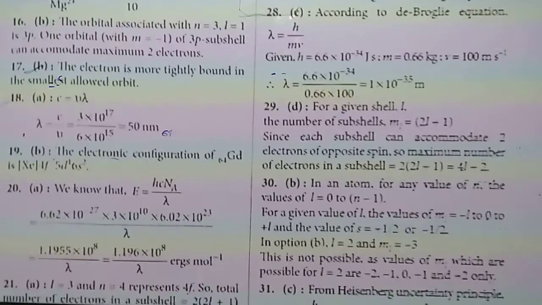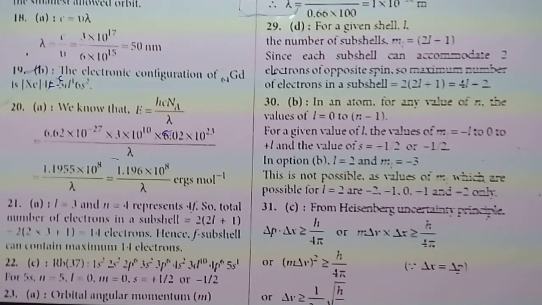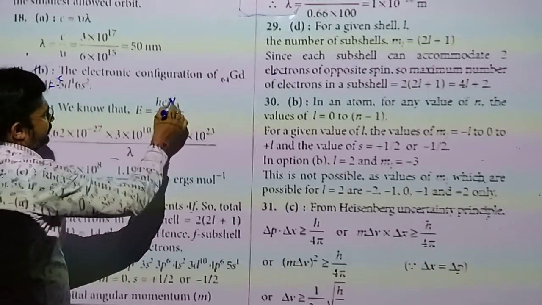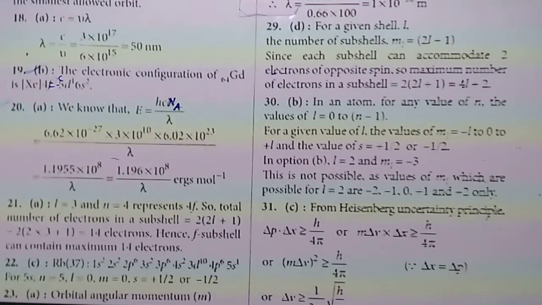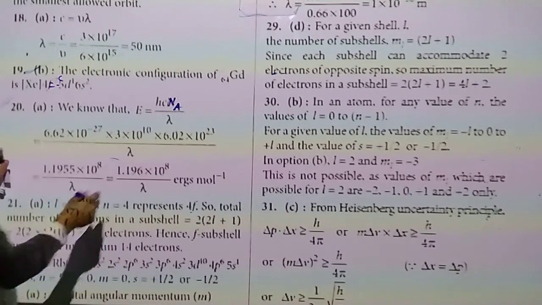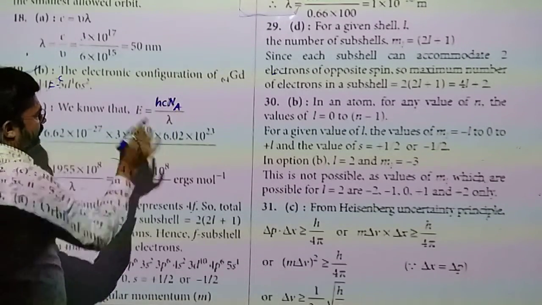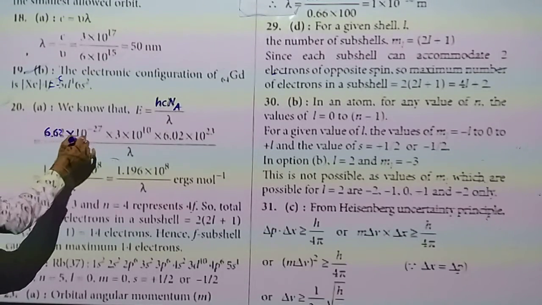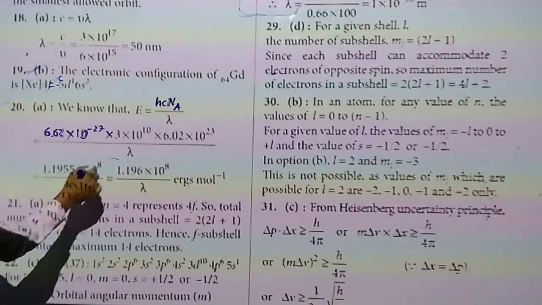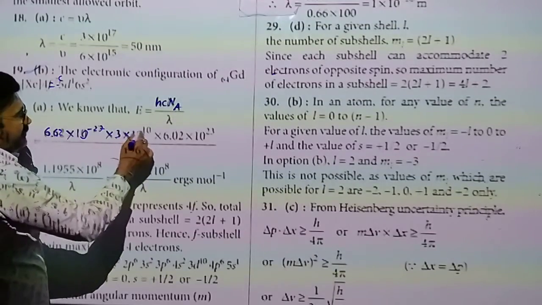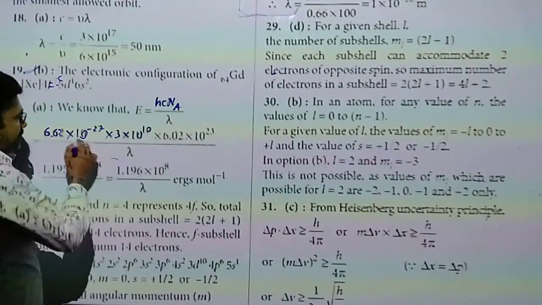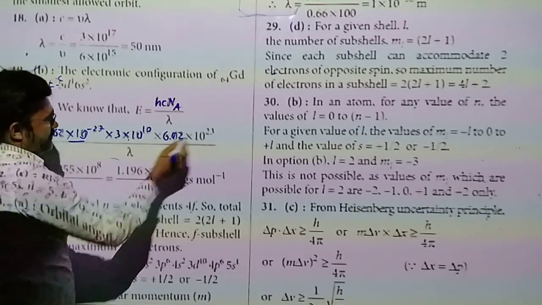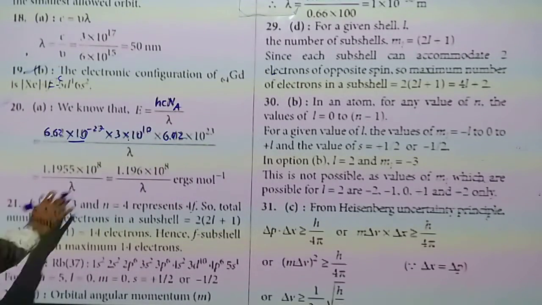For this question, we know that E equal to hc upon lambda. For 1 mole, we multiply by Avogadro number. So 6.62 into 10 raised to minus 27, velocity of light 3 into 10 raised to 10, erg means centimeter per second, Avogadro number upon lambda.